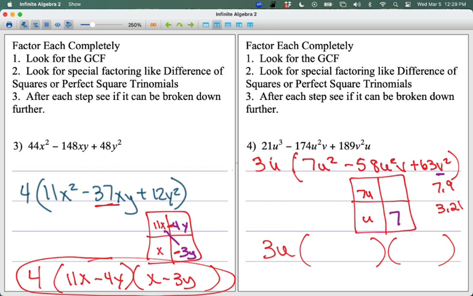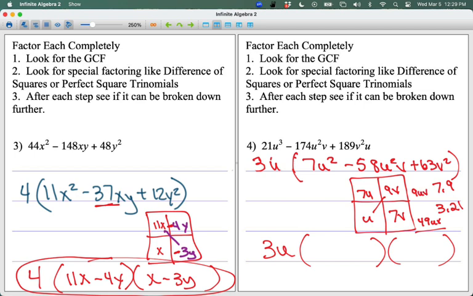7, and I need a v. So 7v. And I'm going to put the 9v there, and let's just check. This is going to become 49uv and 9uv.